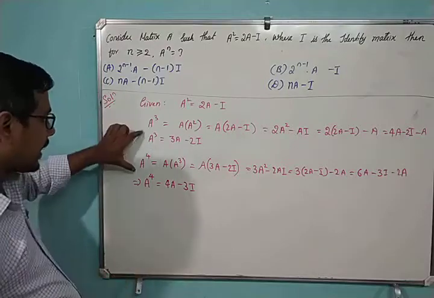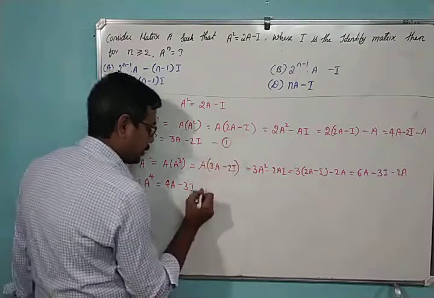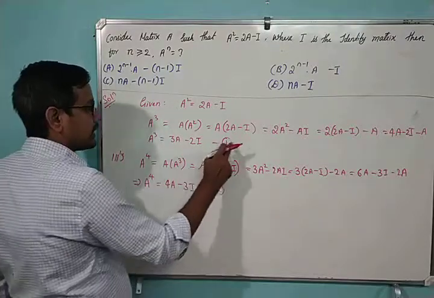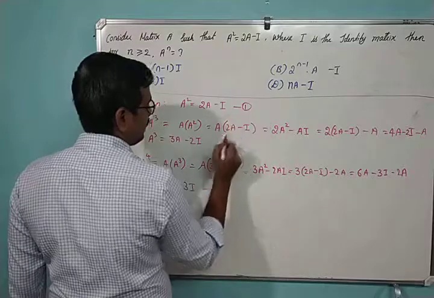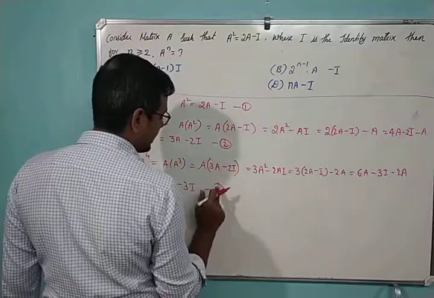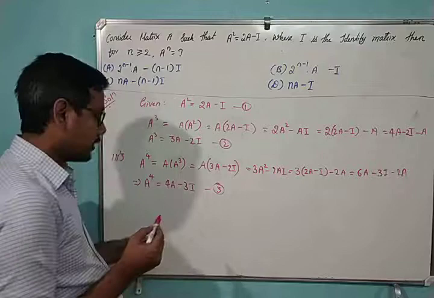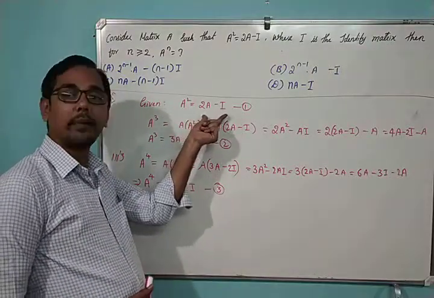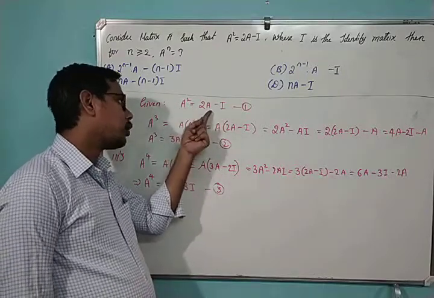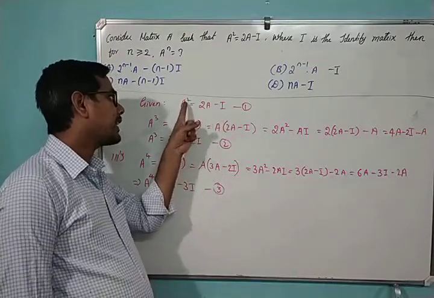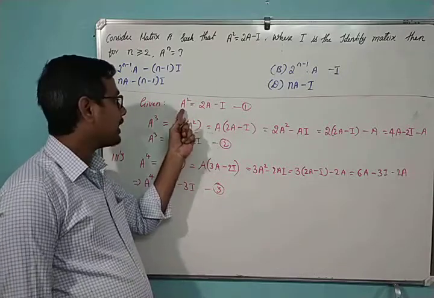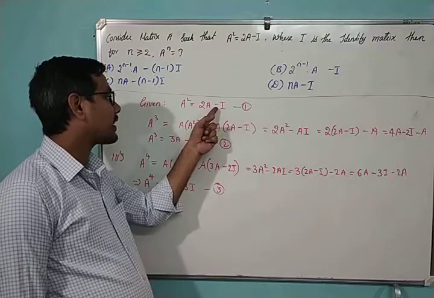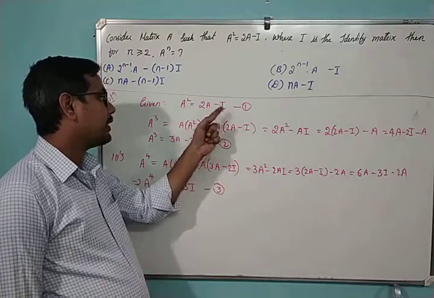So take this as 1, 2 and this as 3. Equation 1 was A square equals 2A minus I. You can see here the coefficient of A is equal to the power of A. Here A to the power 2 is there, and the coefficient of A is 2, and the coefficient of I is 1 less than the power, that is 1.